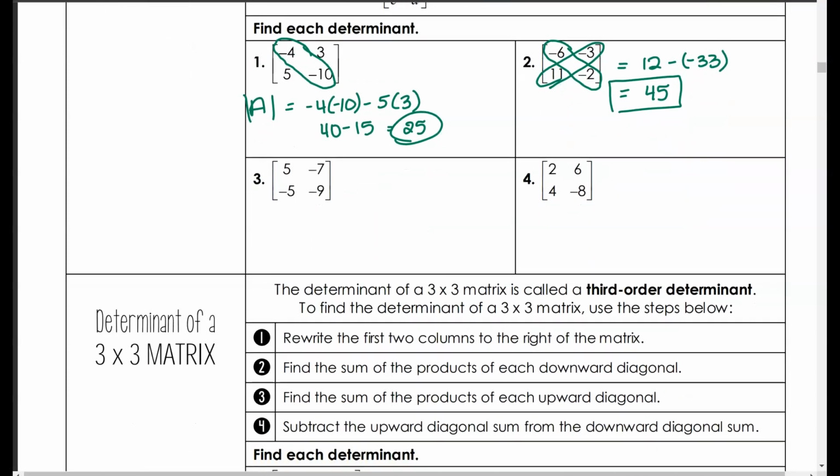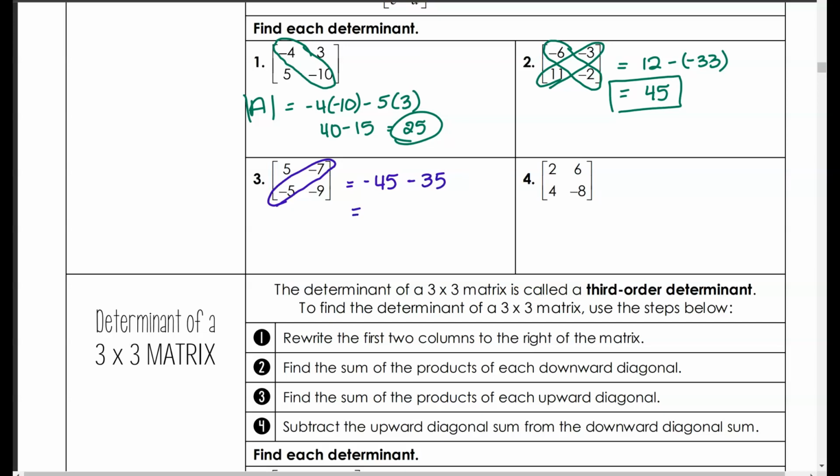Number 3, here, we're going to take 5 and -9, and that's going to give us a -45. And then we're going to look at -5 and -7, and that's going to give us a minus +35.